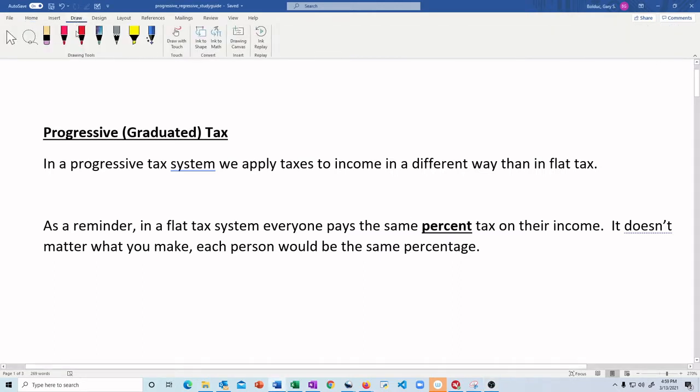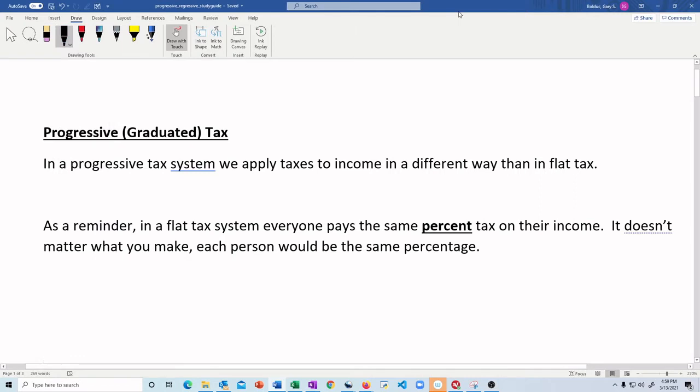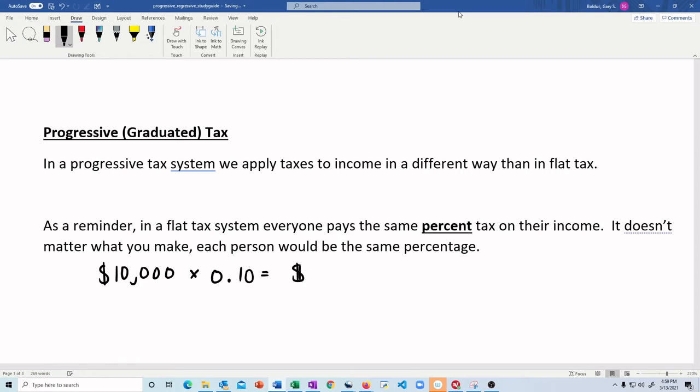Quickly, the way we did the percent was we said, if you make $10,000, I can multiply by my percentage and you'll pay $1,000. That was the process we talked about last week.